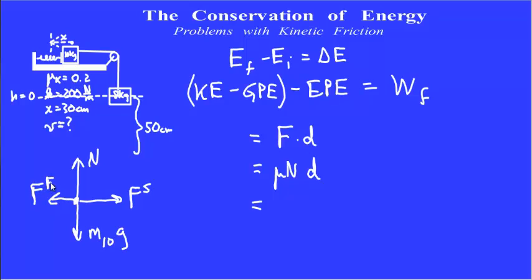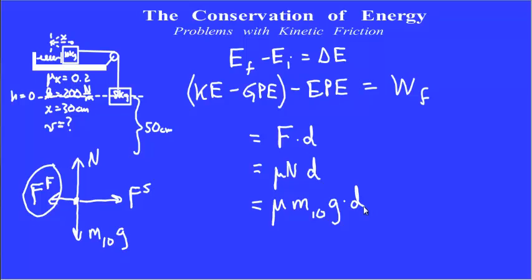So that friction force there is equal to mu N, and you can see that the vertical forces are balanced, that the normal force is equal to the weight. So this is going to look like this: mu times the mass of the 10 kilogram block times 9.8 times the displacement, which in this case is the 50 centimeters, right? So that's what the work done by friction term looks like.